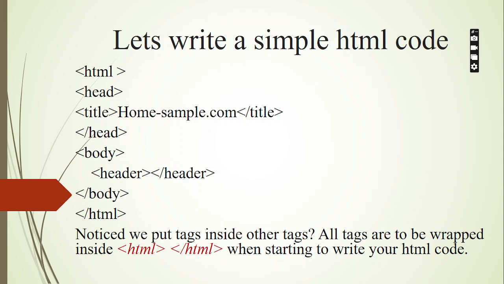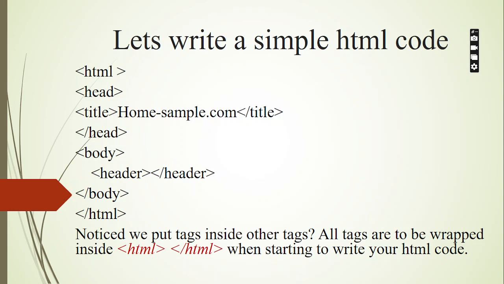There's a very big difference between the header tag and the head tag. The head tag is simply to add certain things that do not appear on the browser. We'll be going into that, but this is just an introductory video. For example, I added a title tag here. The title tag simply shows the name of the page in the uppermost part of the browser.